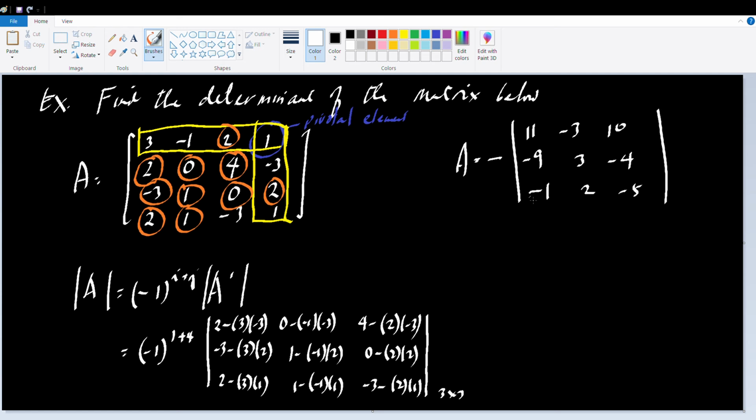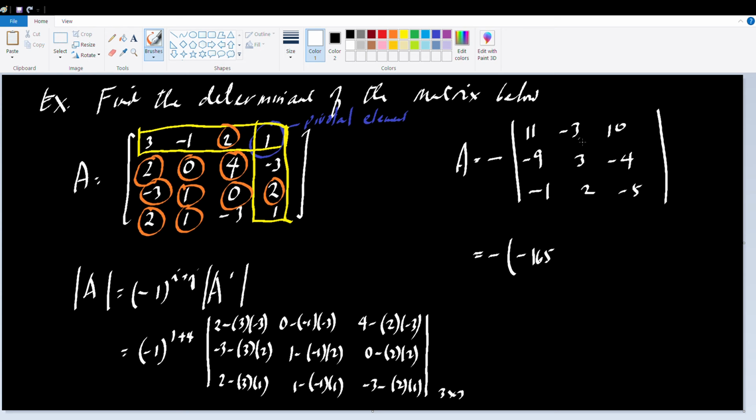Since this is a 3 by 3, we use the basket weaving method. So 11, 3, and negative 5. What is the product? Negative 165.